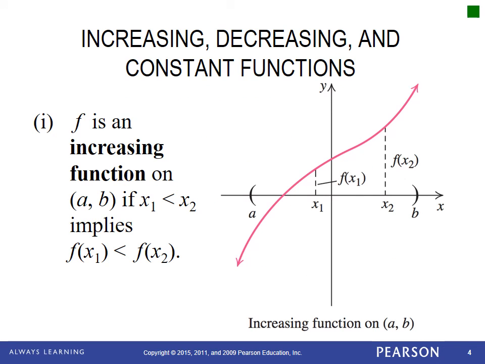So how do we define that a function is increasing? Mathematically, we say this: if x sub 1 is less than x sub 2, so x sub 1 is the smaller of the x values, then f of x sub 1 is less than f of x sub 2, and the diagram is right here. Notice the open interval from a to b, and notice that f of x sub 1 is lower than f of x sub 2.